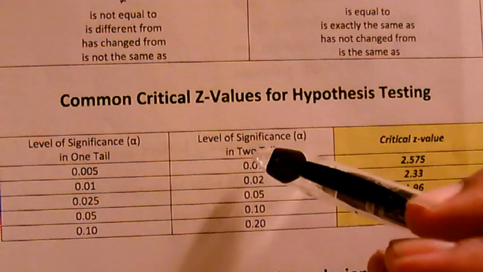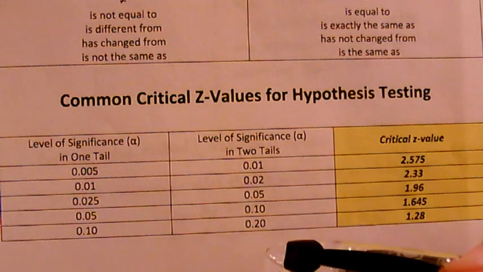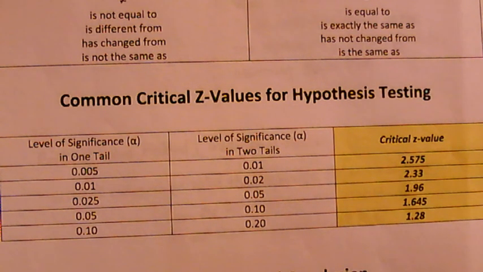And if you have a two-tail test, you'll look in this column here and then read across to find out what your critical z value is going to be. So here I have a couple of examples that are just like that.